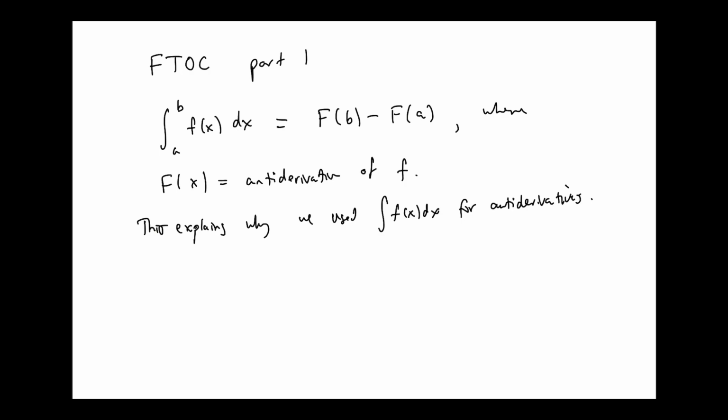Think of it as a few hundred years ago in Woolsthorpe, and we've got this idea of antiderivatives and this idea of area, and we haven't figured out that they have anything to do with each other. But then we do, and we're like, brilliant, let's pick a notation that expresses that relationship. And so we did, the integral symbol.